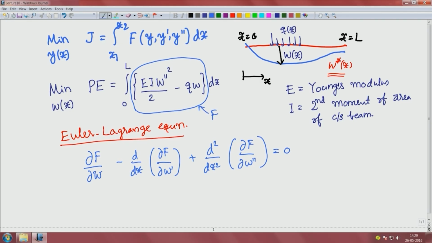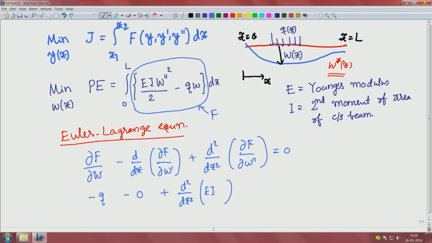We see that f depends on w. So, dou f by dou w is going to give you minus q, and this f does not have dependence on w prime, so that is equal to 0, plus d square by dx square of dou f by dou w double prime, which is there, that 2 and square 2 they cancel.